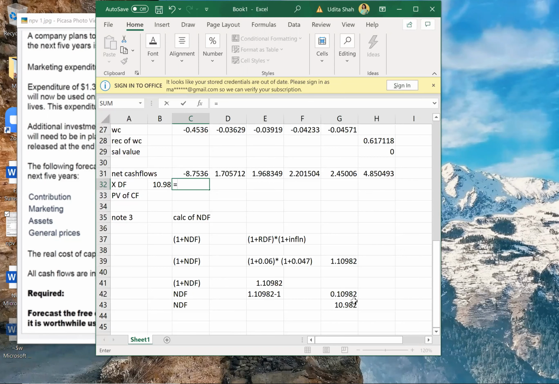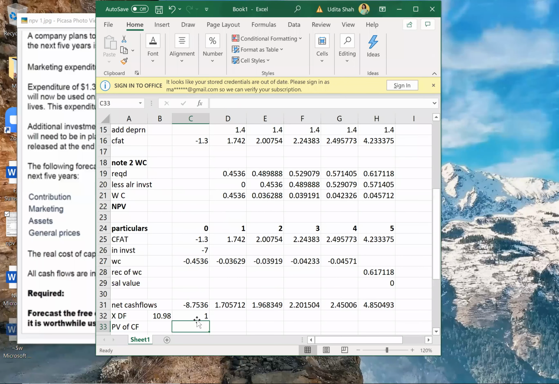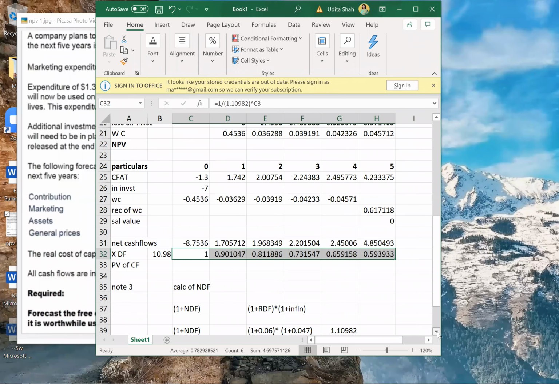R is your 0.10982. So that is 1.10982. Correct? Raised to what? Raised to your year column. Anything raised to 0 should come out to 1. So these are my discounting factors.